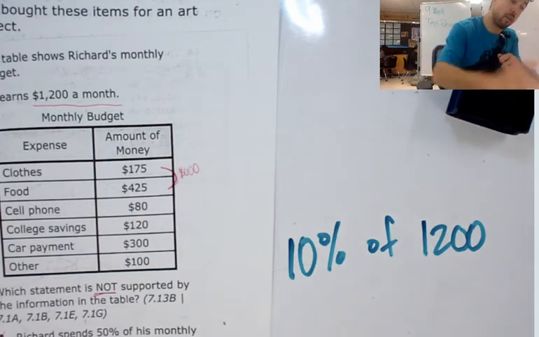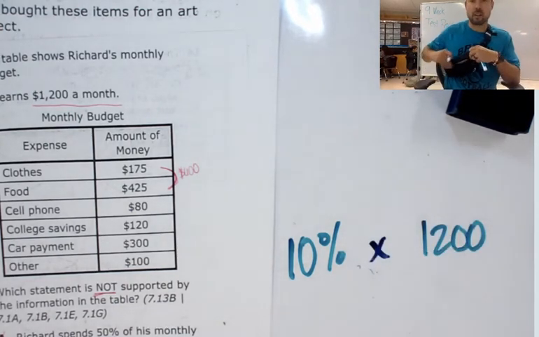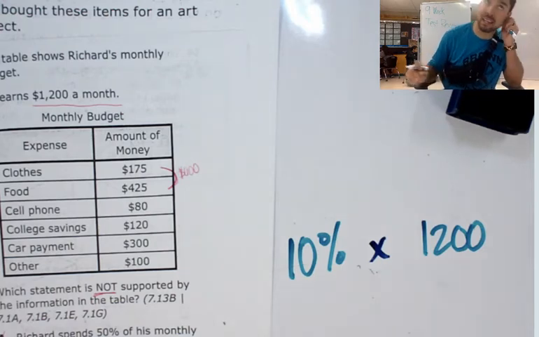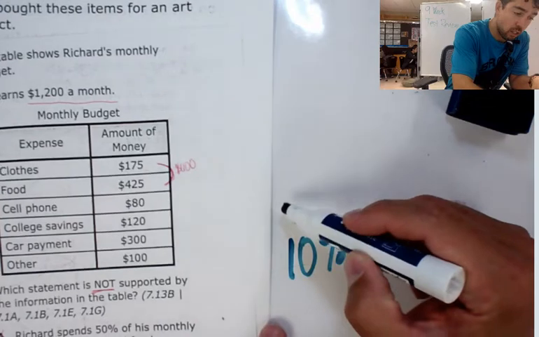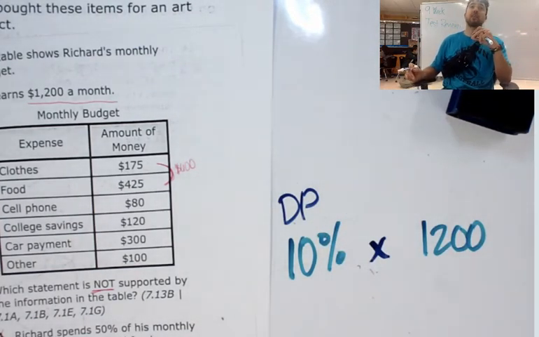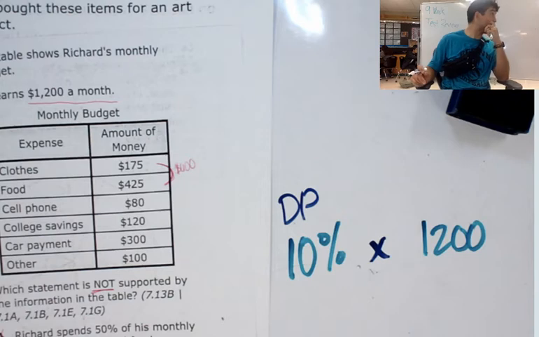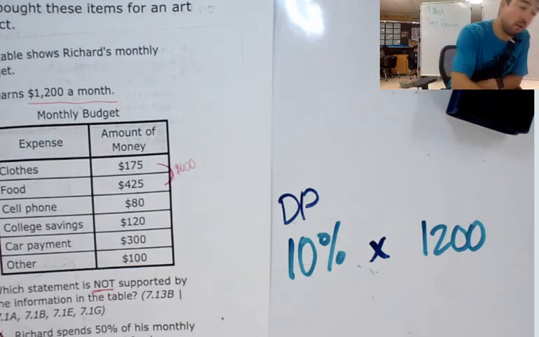So this means 10% times 1,200. Can we multiply a percent as is? No. What do we have to do to it first? Dr. Pepper. Change it to a decimal. If you like changing it to a fraction and you know how to do that, then do that. I'm going to show you this way because I feel like it's easier, but you go with whatever works for you.